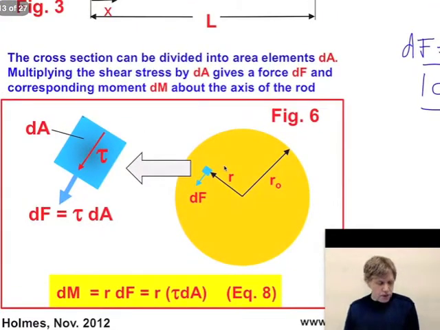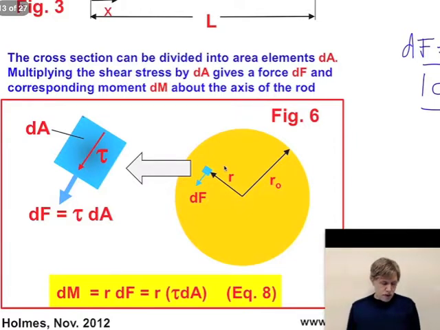Just to review, the cross section of this shaft can be divided into small area elements dA. If we multiply the shear stress, at a particular radial location because it varies with radius, by this differential area dA, it gives us an internal force dF.